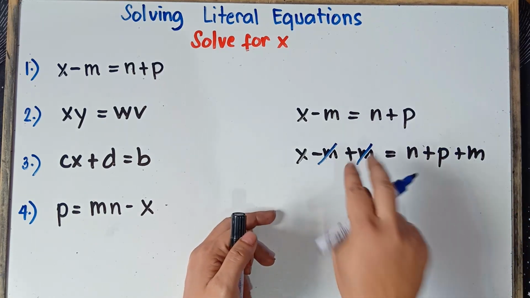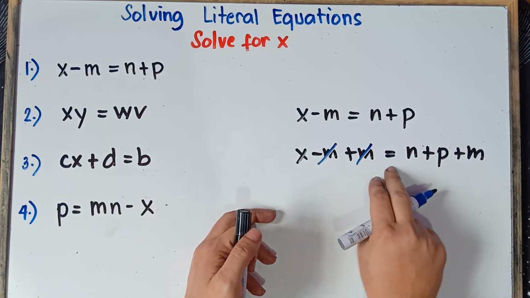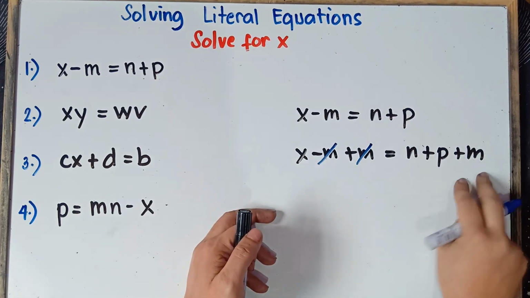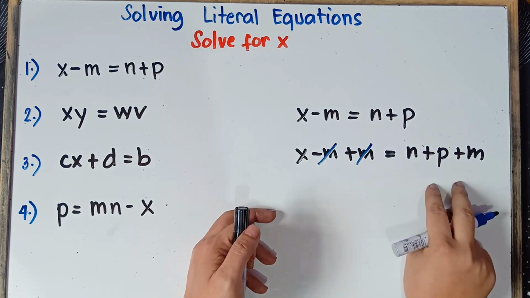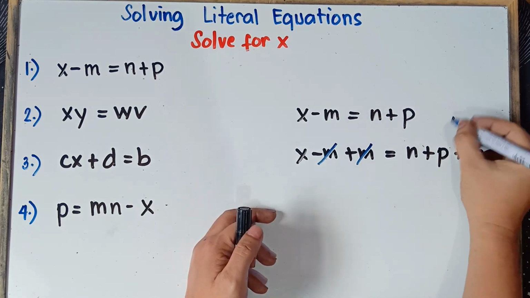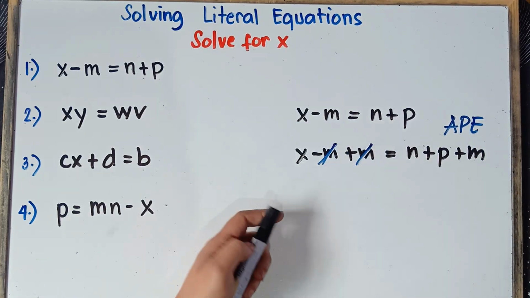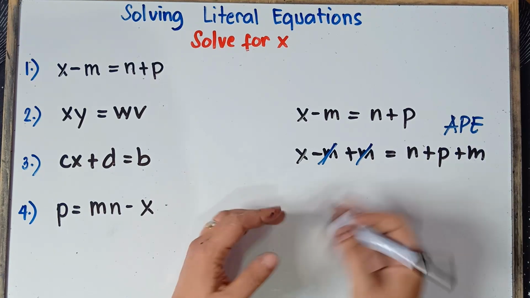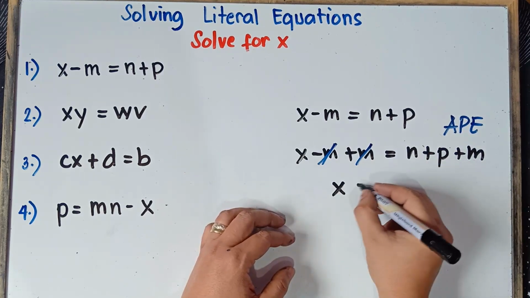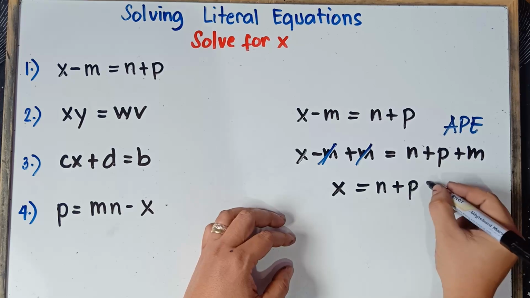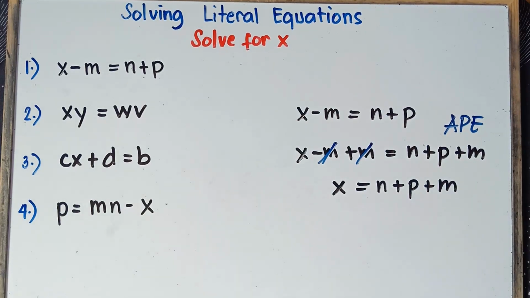Once you add m on the left side of the equal sign, you also add m on the right side to make the equation balance. And this is what we call the addition property of equality. So simply cancel this out and the remaining expression will be only x. Copy this one, equals n plus p plus m. That's the answer for example number 1.